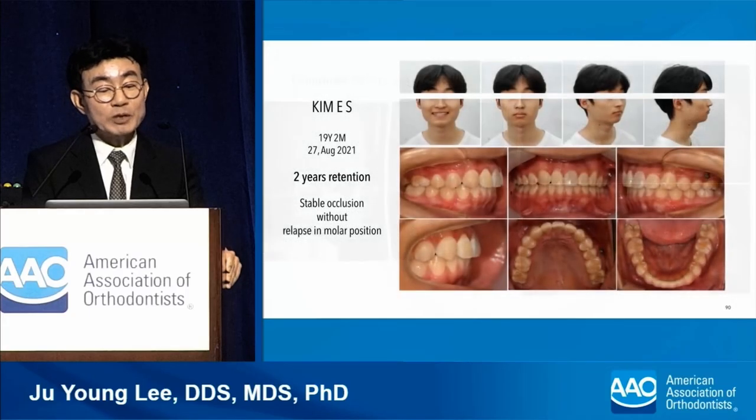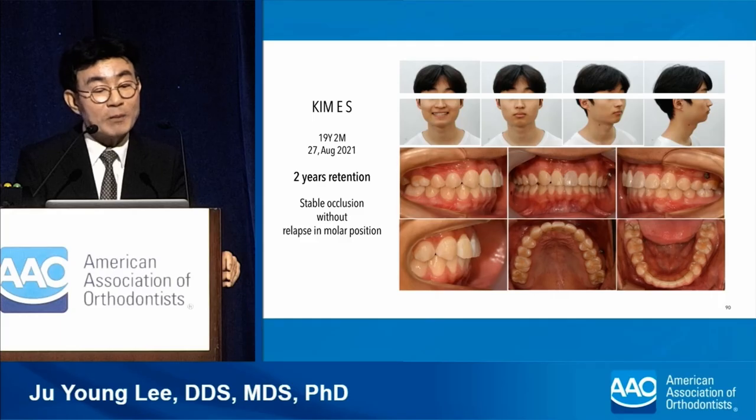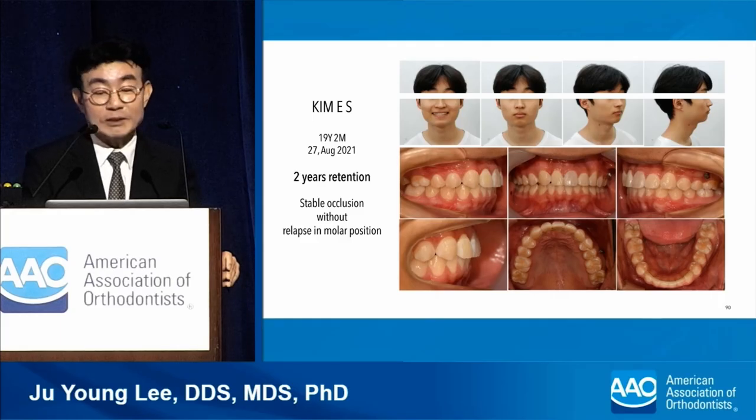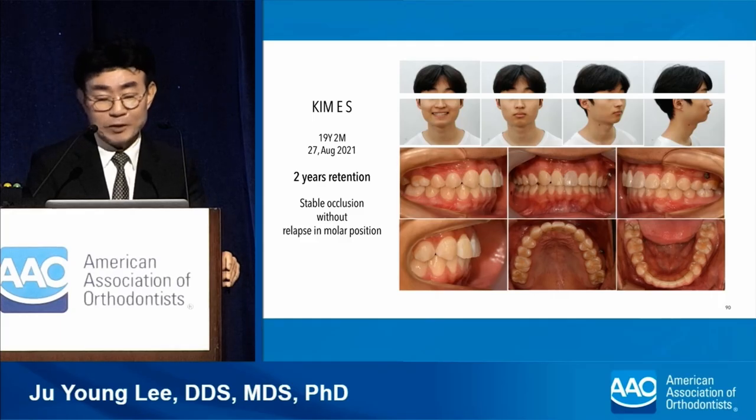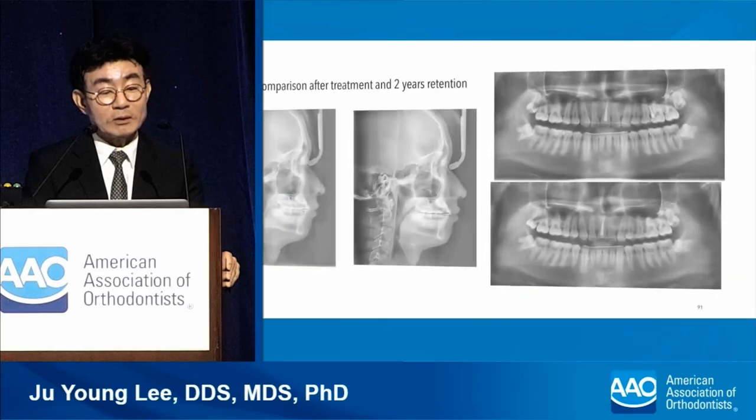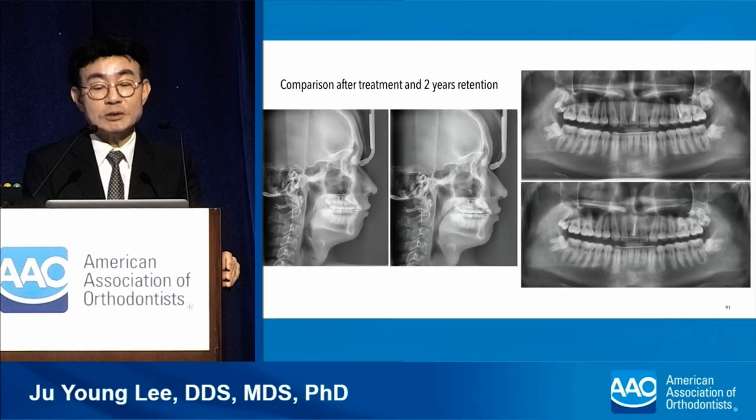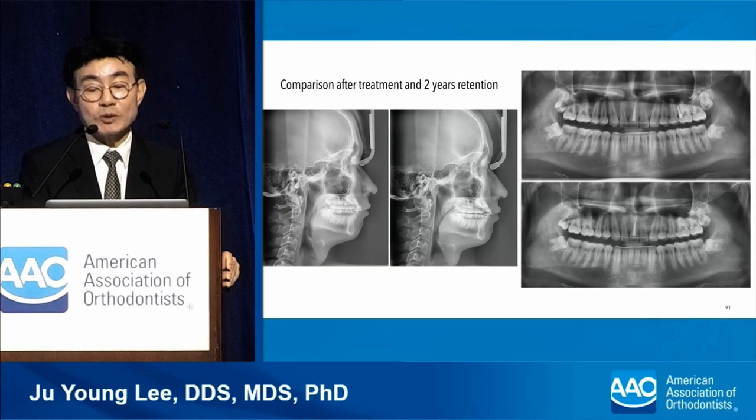Even after 2 years of retention, the occlusion was stable and well maintained, even though he didn't use a removable retainer at all. The tooth axis and position formed after treatment were also well maintained.